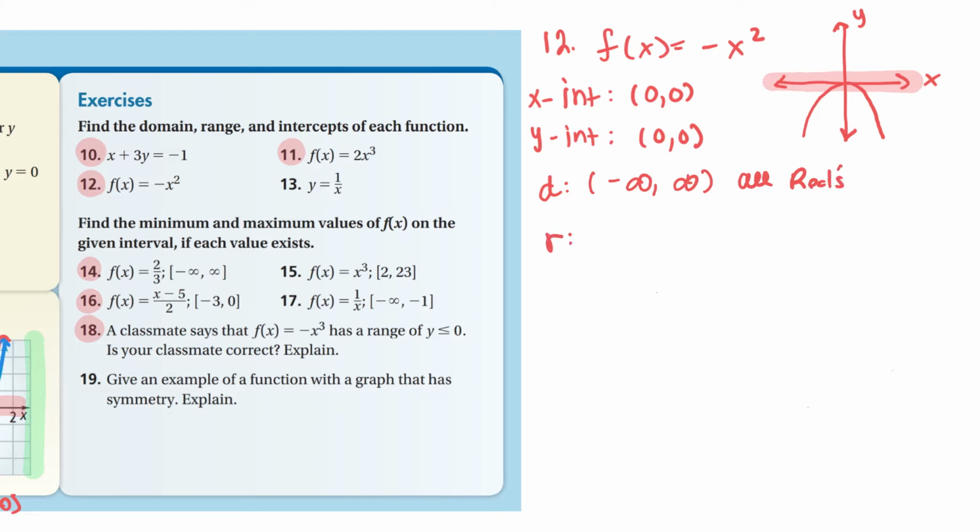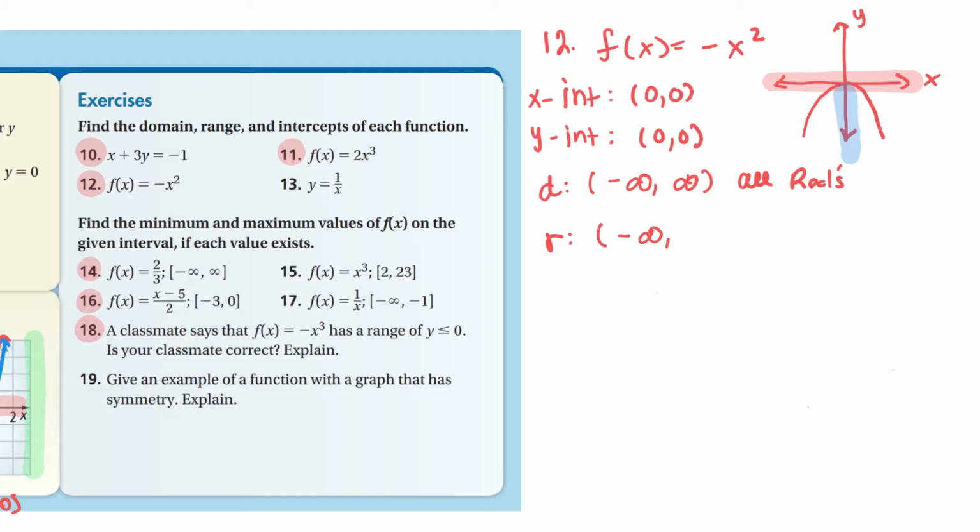The range is different, and I want you to notice the difference here. We know that the lowest y value is actually negative infinity, but it stops at 0. So what's going to be the range? I'm going to use interval notation. I know that the lowest y value is negative infinity.